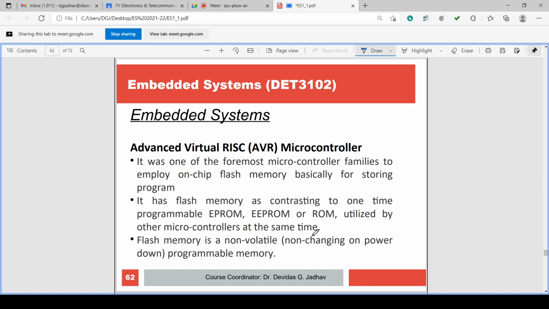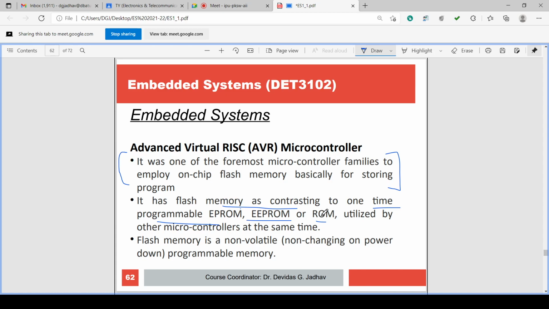The AVR was one of the foremost microcontroller families to employ on-chip flash memory for storing the program, as opposed to one-time programmable EEPROM or ROM. Flash memory can be written as well as erased very quickly.